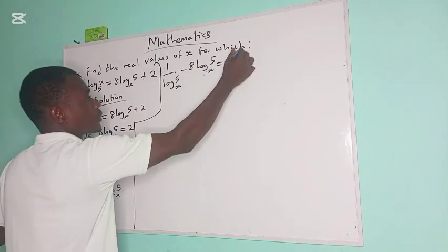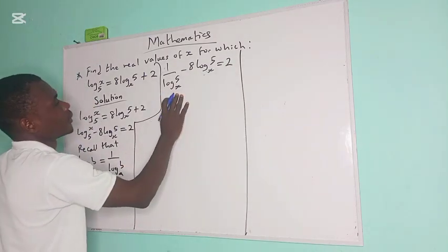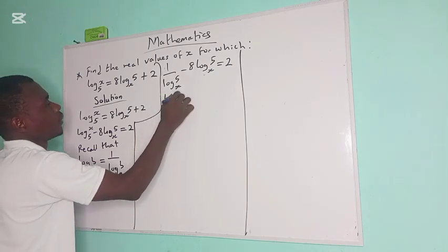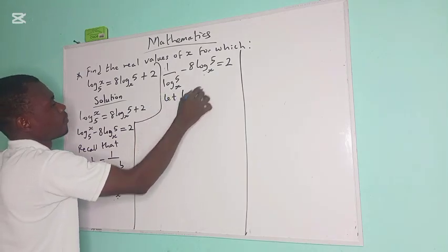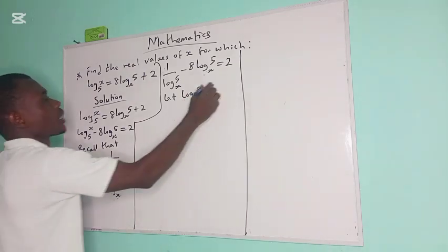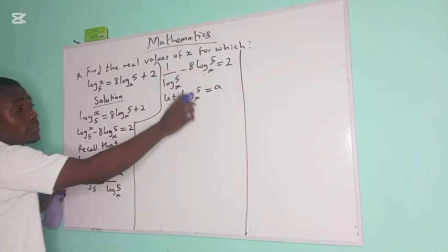Alright, so now what are we going to do? Let log 5 base x equal a.